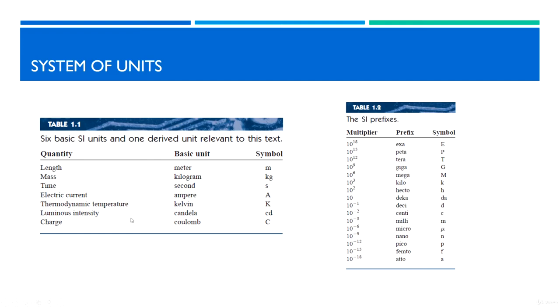The luminous intensity is candela, the charge is coulomb. These are units of measurement, and they have simple symbols. When we are talking about a length of 10 meters, we say 10 and the abbreviation M. The kilogram kg, the second s, ampere A, and so on.